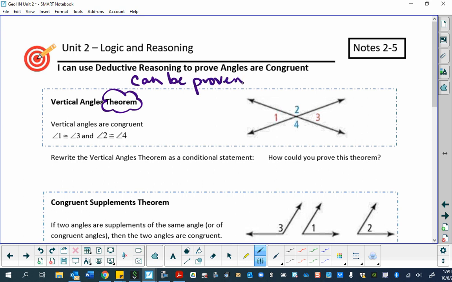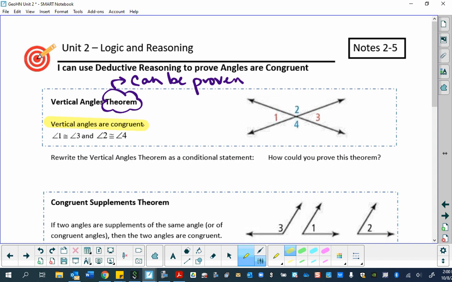So what Euclid has done is our theorems are going to represent all kinds of shortcuts for us. We have our definitions, we have our postulates, we have our properties, and what we can do is use them to prove the theorems. Once we prove it, we can use it. So that's exciting because now, if I can prove to everybody how I know that vertical angles are congruent, I can use that every single day in my proof instead of all the stuff that builds up to it.